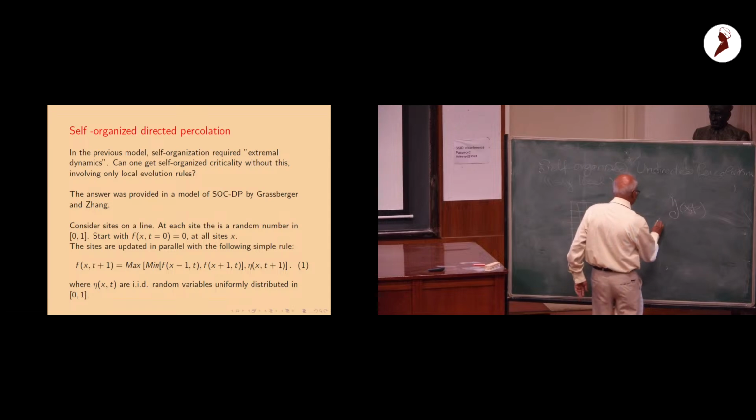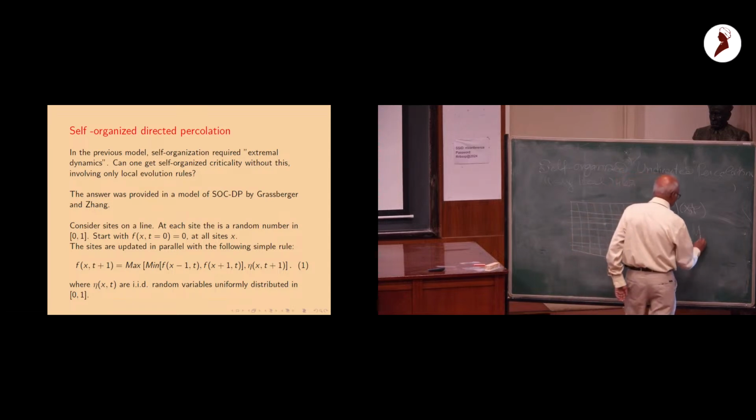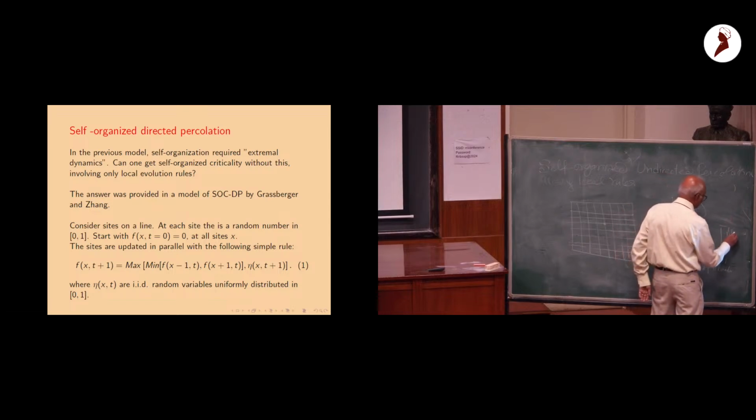So I want to calculate f(x,y) is equal to minimum over all paths starting at (x,y), ending at boundary, of maximum eta along path.